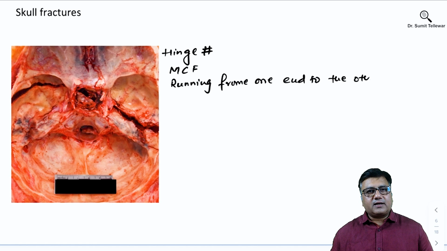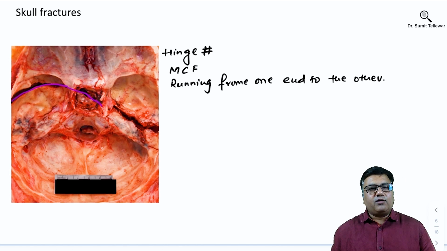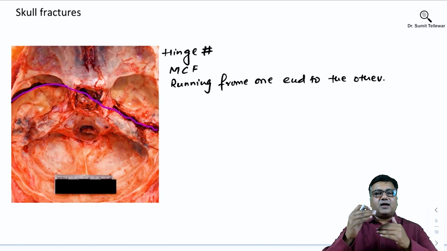As you can see in the photograph itself, we can see a fracture line in the middle cranial fossa going from left through the body of sphenoid onto the right hand side of the middle cranial fossa, thus creating a divide in the base of the skull.